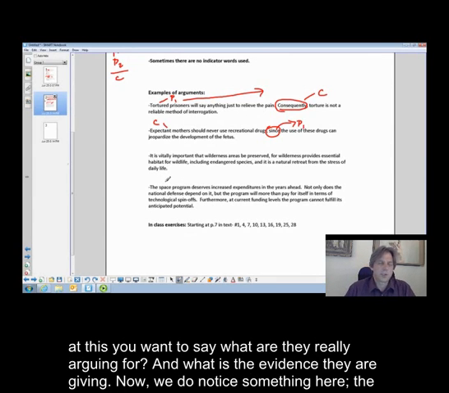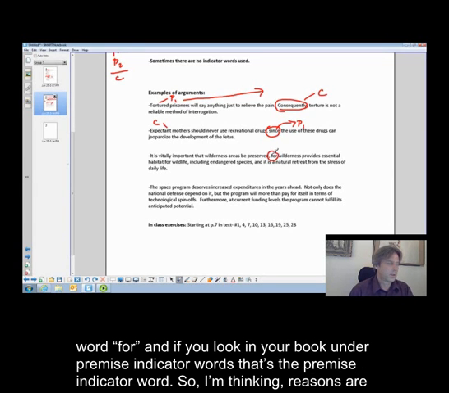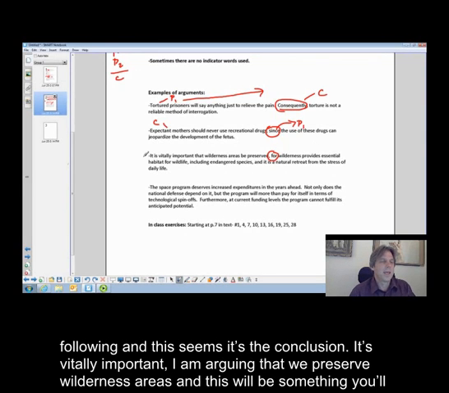Okay, when we look at this, you want to say, what are they really arguing for? And what is the evidence they're giving? Now, we do notice something here. The word for, and if you look in your book under your premise indicator words, that's a premise indicator word. So I'm thinking reasons are following, and this seems like it's the conclusion.